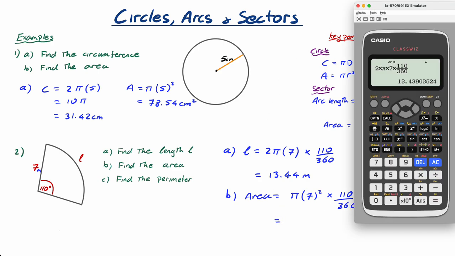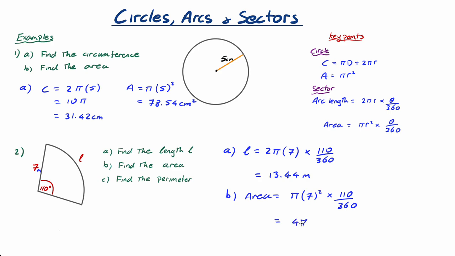So we go pi times 7 squared times 110 divided by 360. I get 47.04 meters squared. Okay, that, guys, is part B.